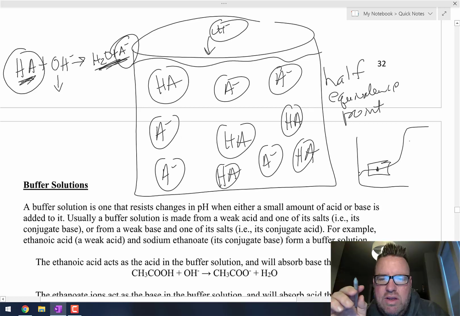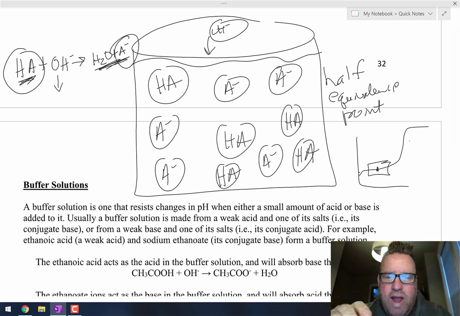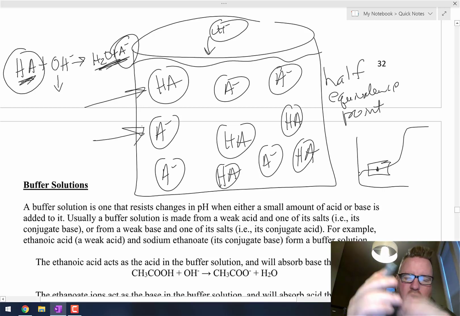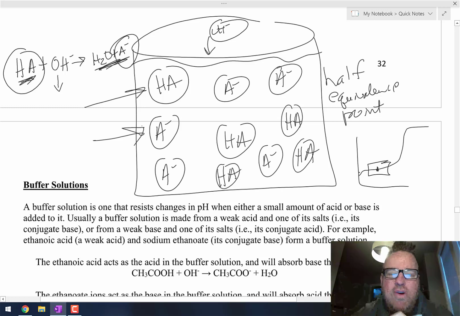The reason it's pretty flat through there is because at this point, where you have half acid molecules and half conjugate base particles, you have created what's called a buffer solution.